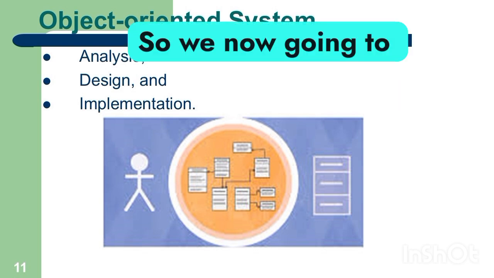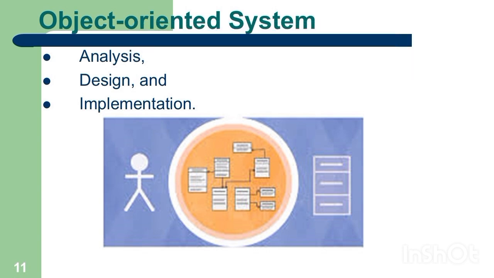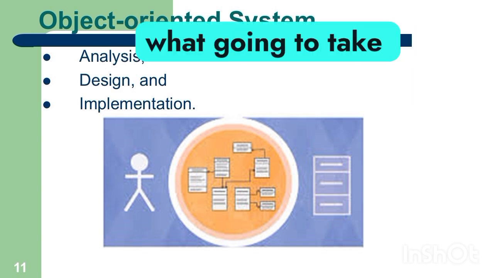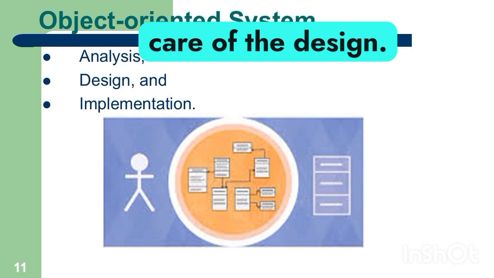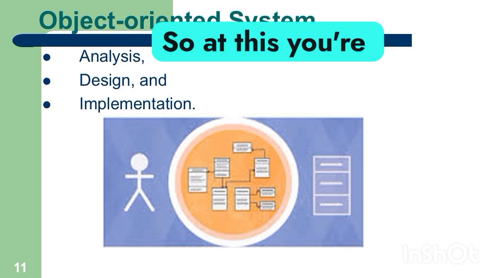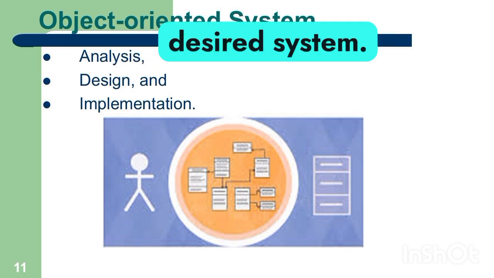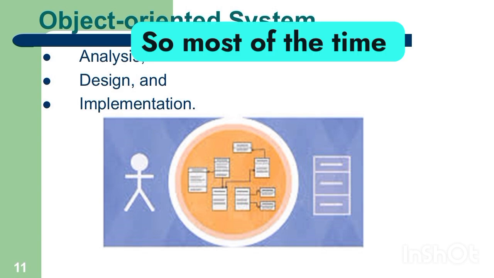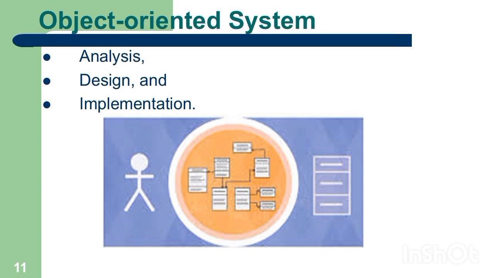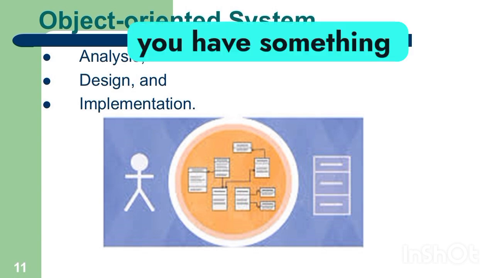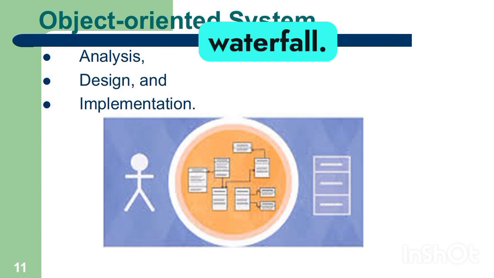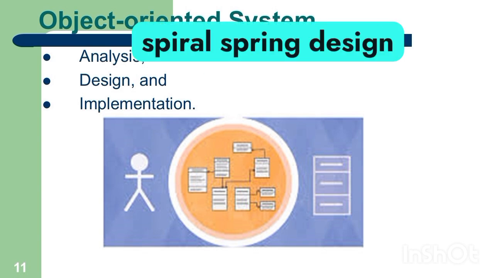So we are now going to look at the design. How are you going to take care of the design? At this stage, you are going to look at the architecture of the desired system. Most of the time, you have something like a waterfall design, you have a spiral design.